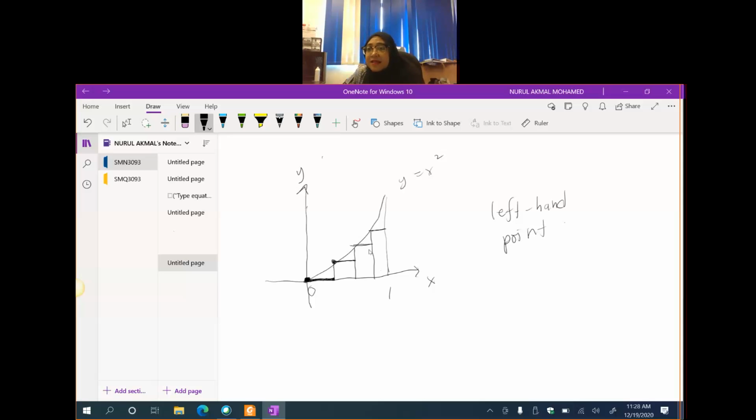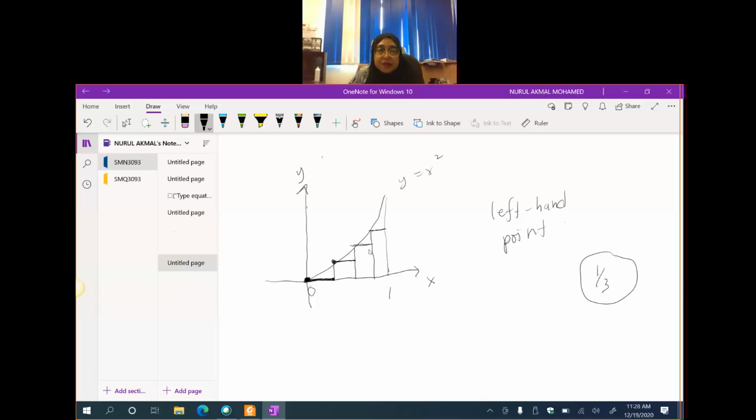You won't get the exact value of the analytical solution. The analytical solution is 1/3. If you think logically, this approximation will actually give you less than 1/3, because you have hollow regions over here.